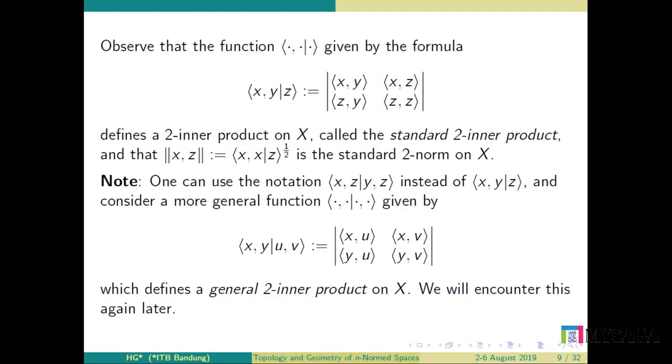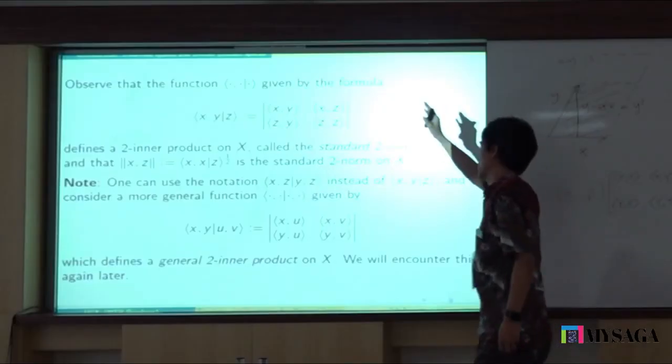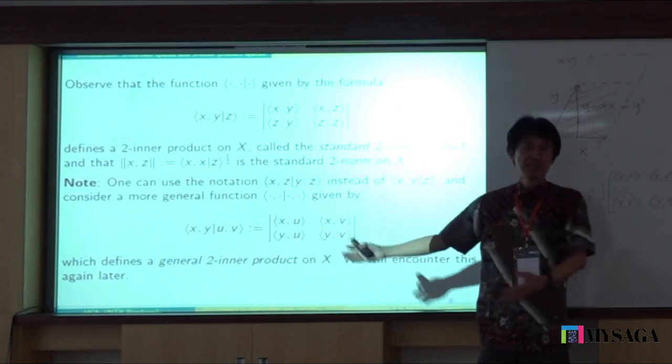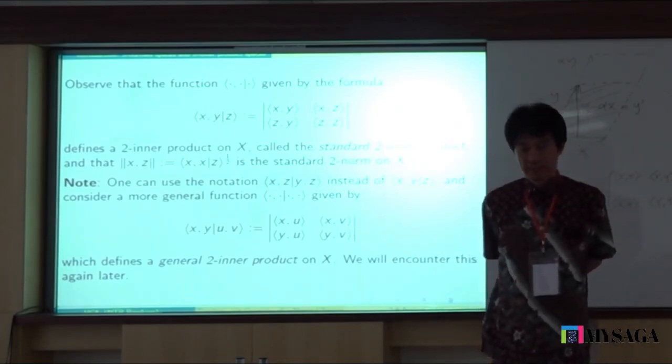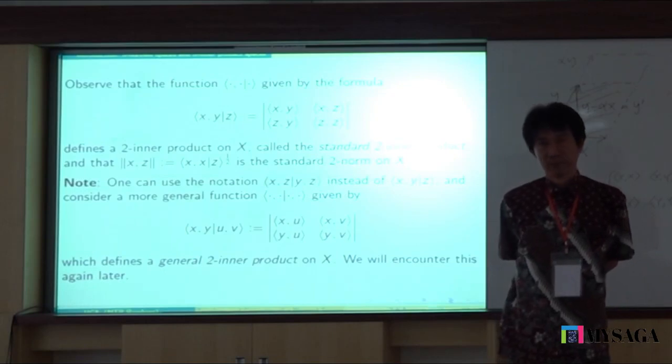In the next slide, I will show that of course we will have the Cauchy-Schwarz inequality for this two inner product, and using the Cauchy-Schwarz inequality for this two inner product, we prove the triangle inequality for the two norm.